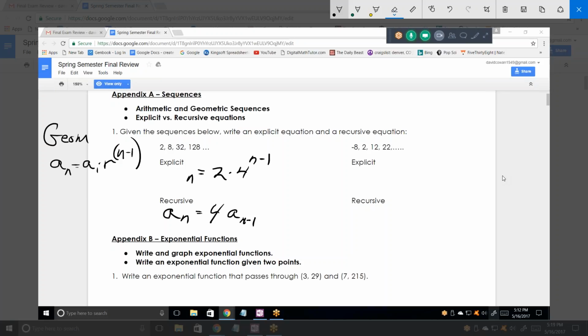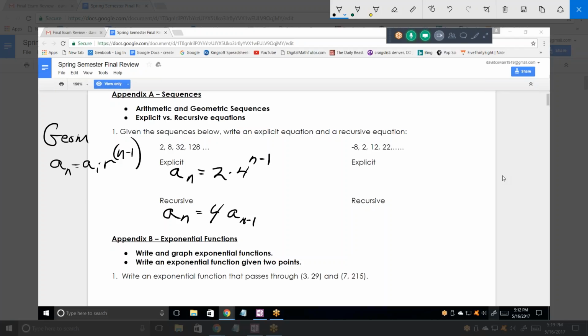Whoops, I didn't mean to erase that. The explicit definition would help a lot. I just substitute 200 for n and I got an answer. But the recursive wouldn't help much at all because I don't know what the 199th term is. So telling me that the 200th term is equal to 4 times the 199th term doesn't do a lot of good.